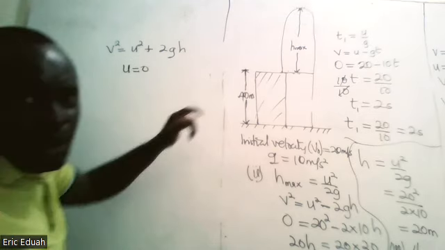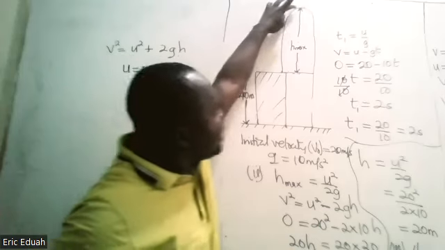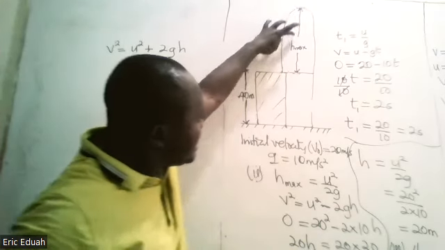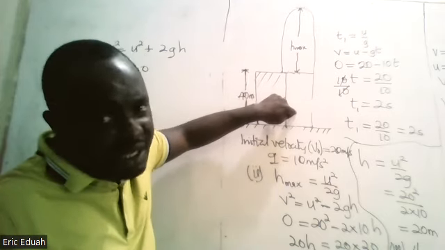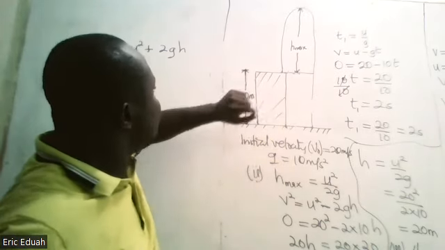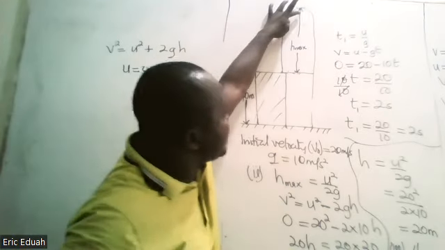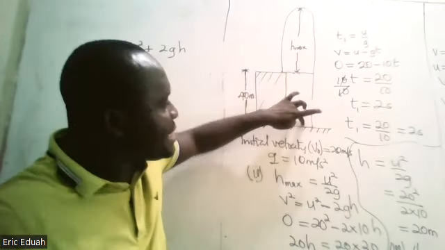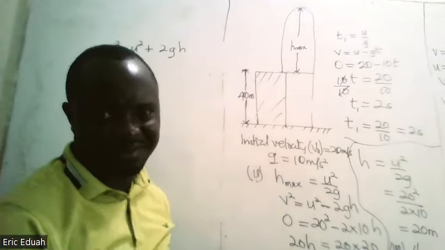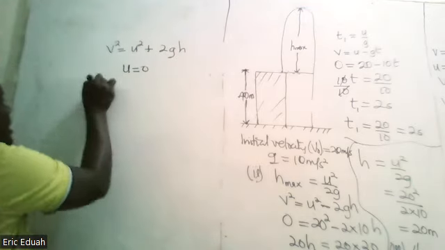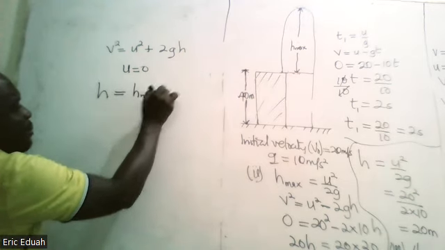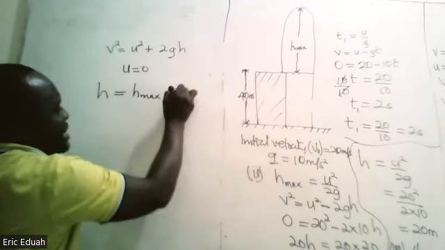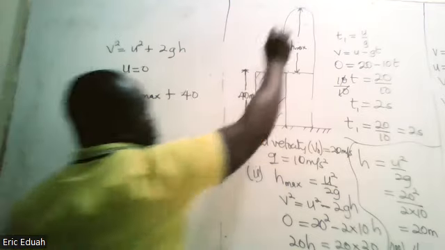But this time, we are considering the body falling from the maximum height and its associated velocity just before it hits the ground. So the H here becomes H max plus the height of the tower, 40.